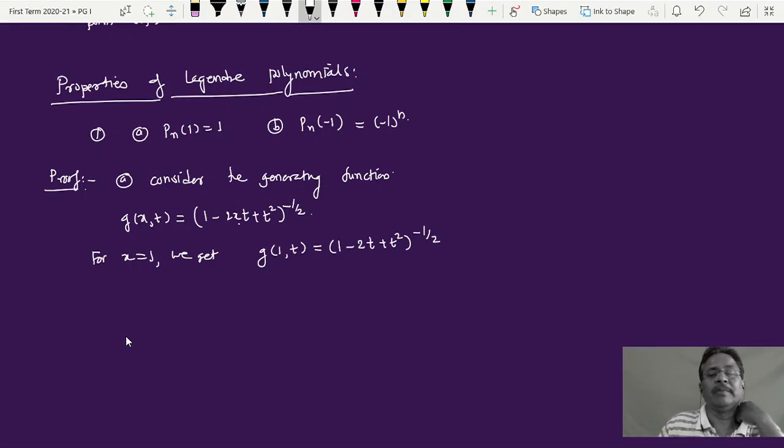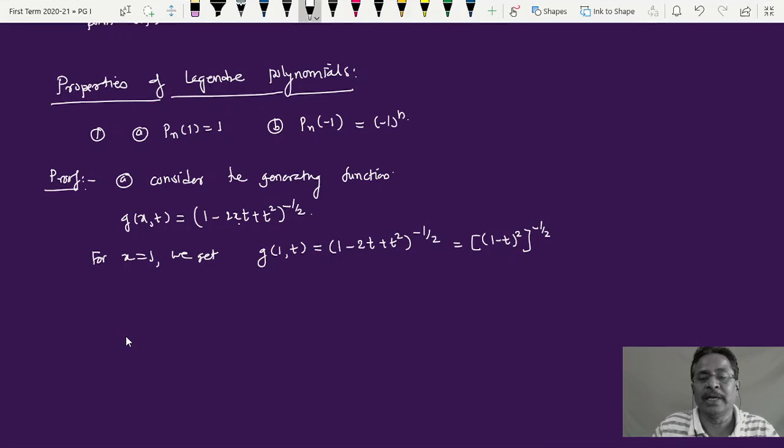But this bracket 1 minus twice t plus t square can be written as 1 minus t, whole square. So 1 minus twice t plus t square is the square of 1 minus t, and I can write 1 minus t raised to 2, raised to minus half.